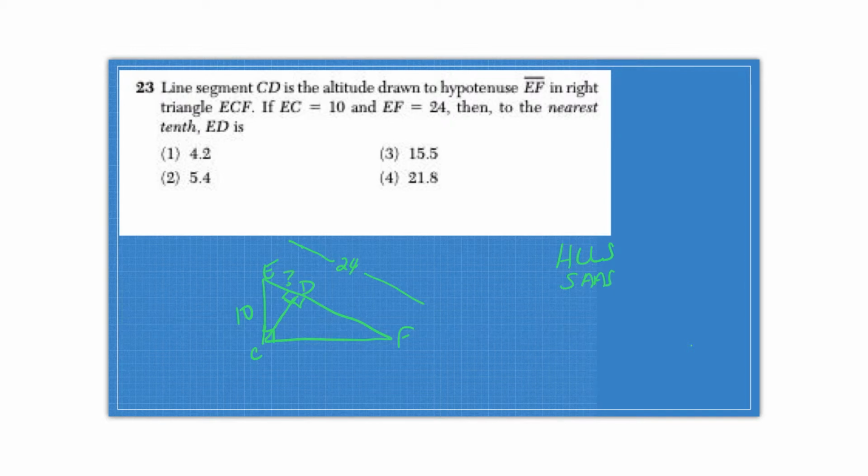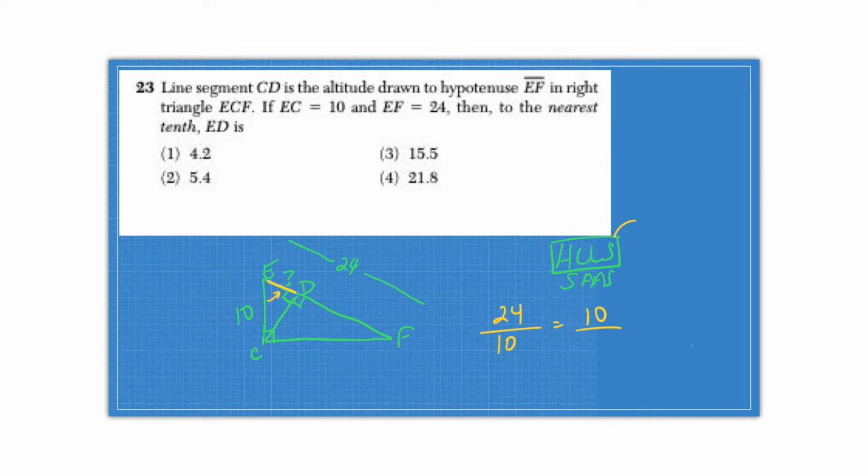And so this would be a clear example where HLLS is actually the much easier method. The hypotenuse times the piece of the hypotenuse is going to be equal to the leg squared, or in other words, the hypotenuse over the leg is equal to the leg over S, where S represents the piece of the hypotenuse that's on the same side as the leg.